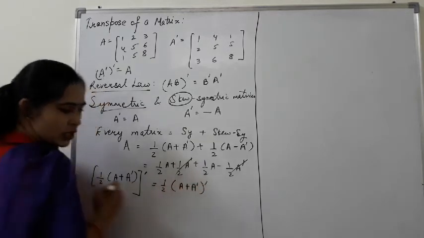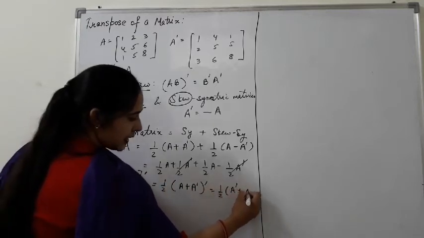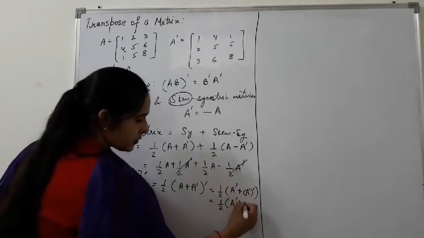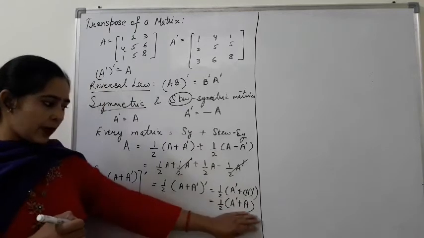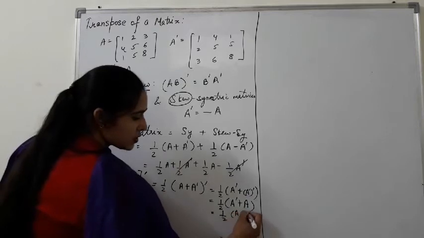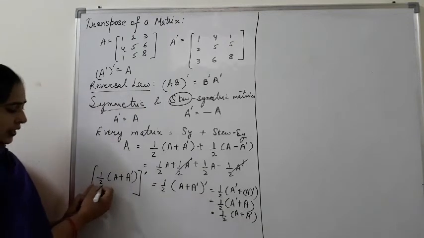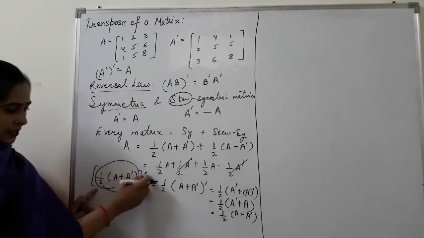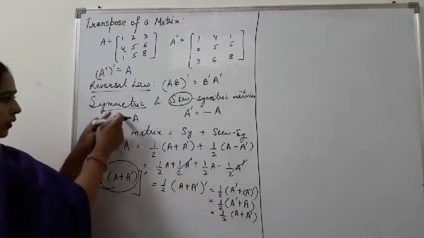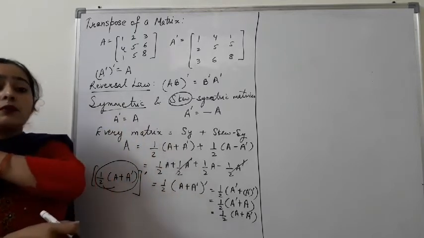This is half of A plus A dash transpose, that is half A transpose plus A transpose transpose, and as we have already discussed, if we take transpose 2 times we get the same matrix again. So this can be written like this also, because addition is always commutative. So the transpose of this matrix is again this matrix. That means this part is a symmetric matrix.